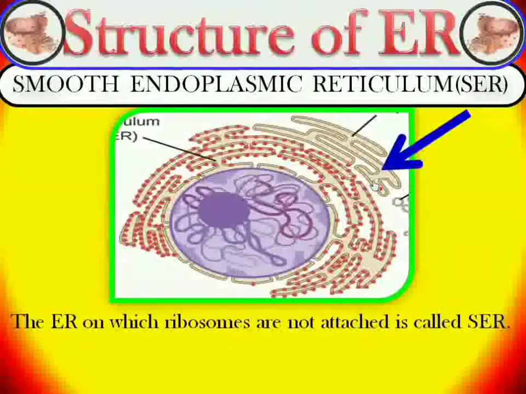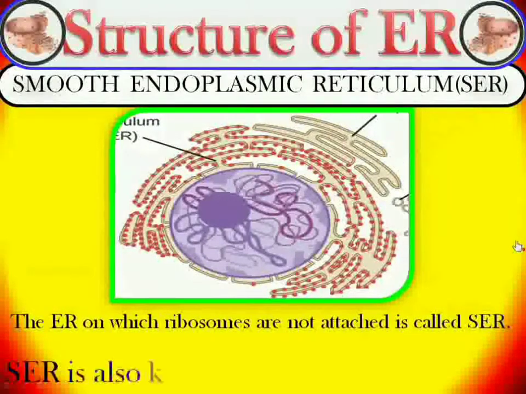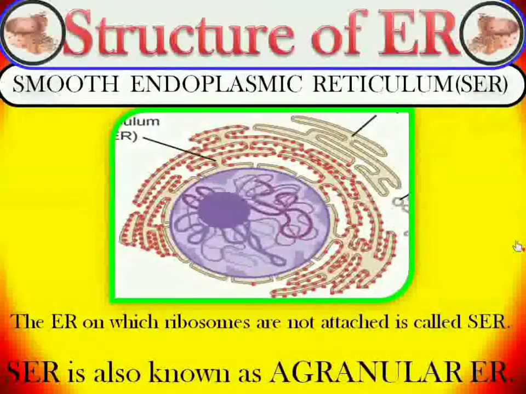So it is named smooth endoplasmic reticulum. Another name for smooth endoplasmic reticulum is agranular endoplasmic reticulum.